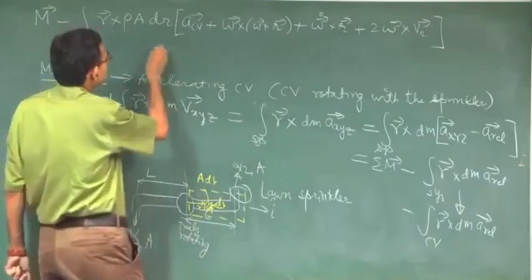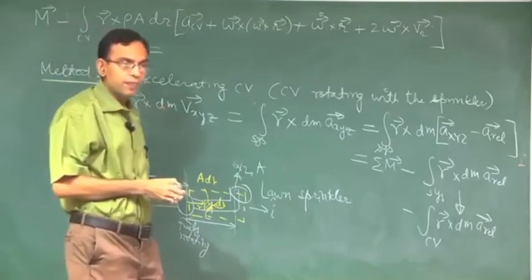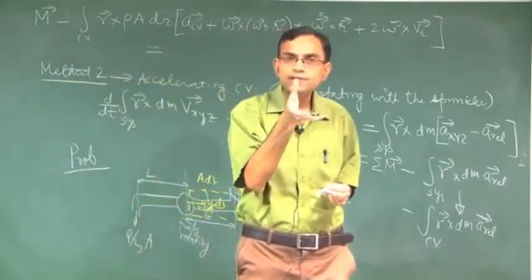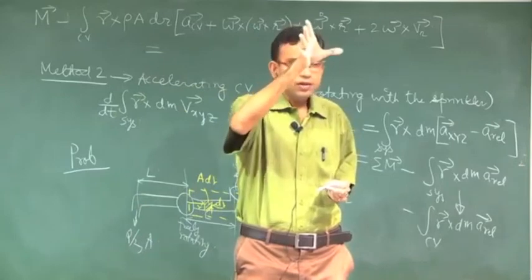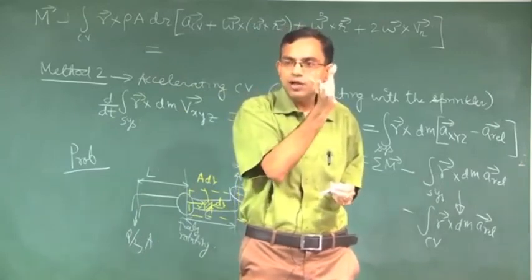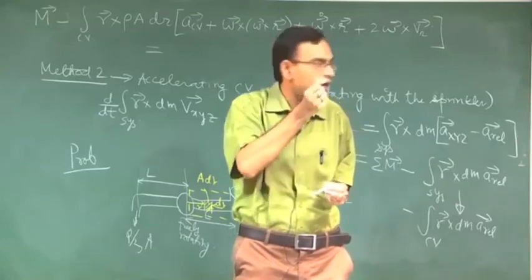Right hand side, the unsteady term will be 0. Why? Because the control volume is moving, rotating, and the water is also moving along with it.